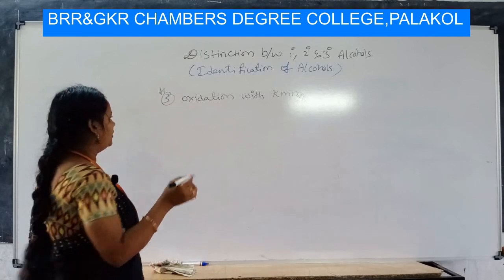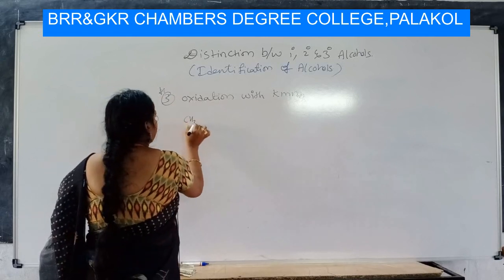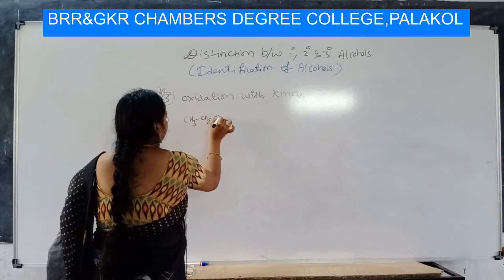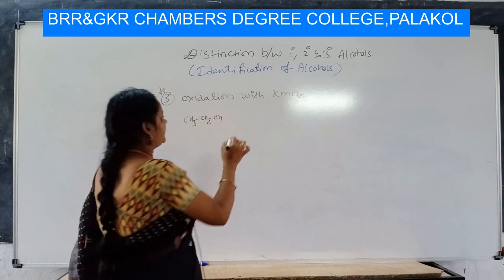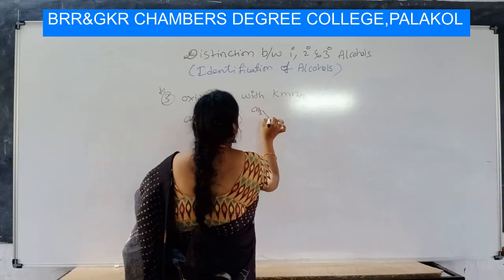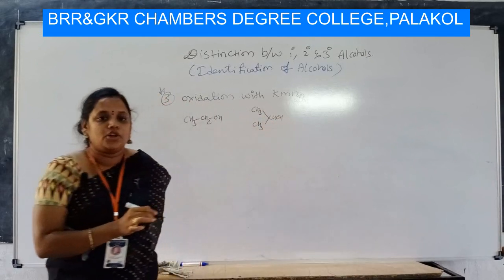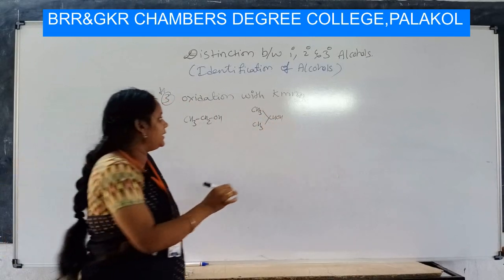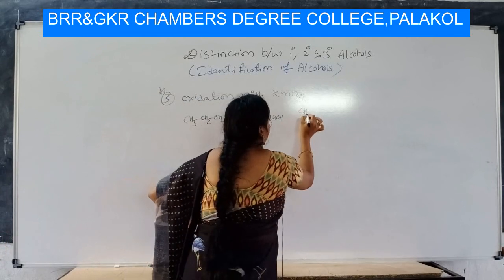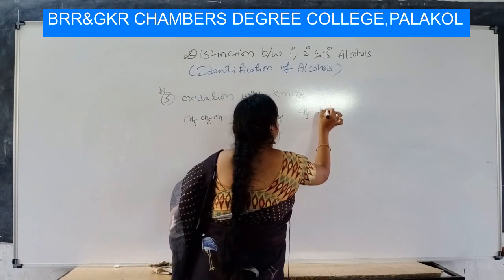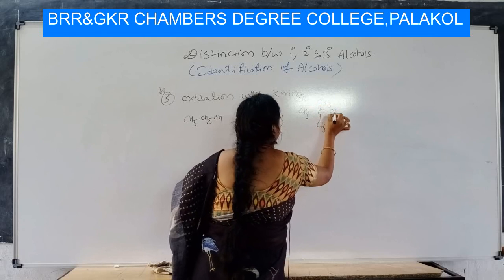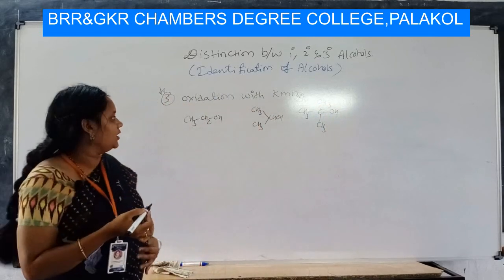Oxidation with KMnO4. For example, take a primary alcohol, ethyl alcohol; a secondary alcohol, isopropyl alcohol; and a tertiary alcohol, tertiary butyl alcohol.